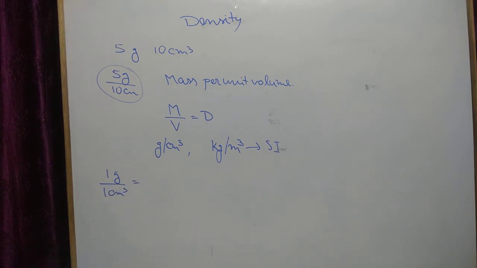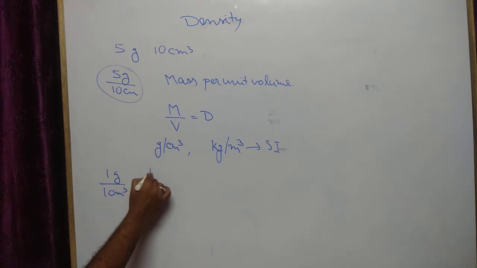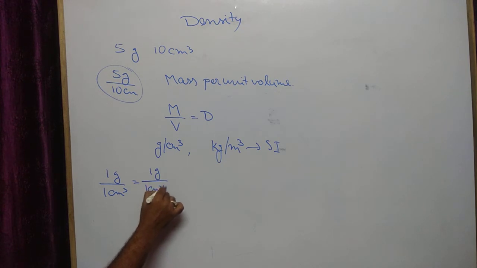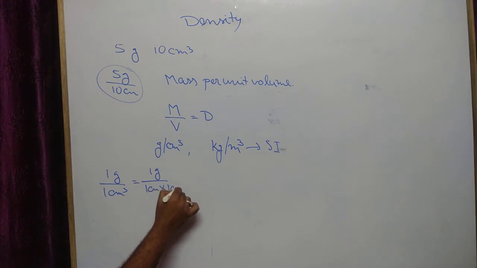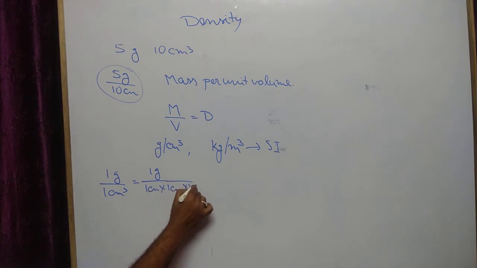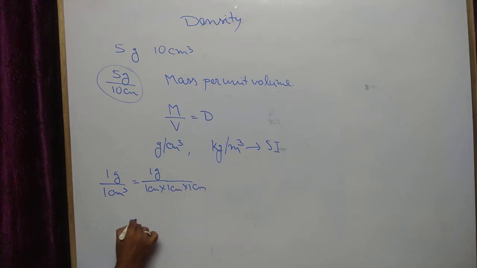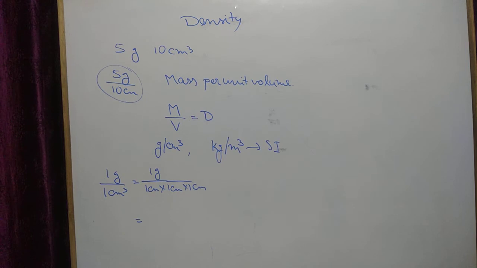Clear? 1 gram into 1 centimeter cube, and this we can express as 1 gram by 1 centimeter into 1 centimeter into 1 centimeter. So we convert each gram and centimeter into kilogram and meter.